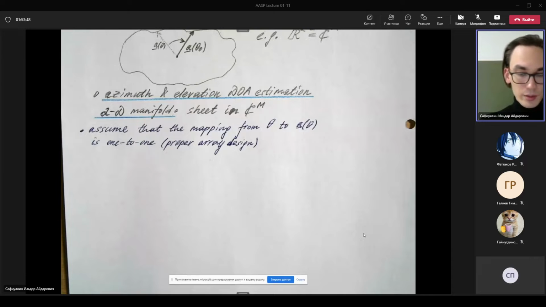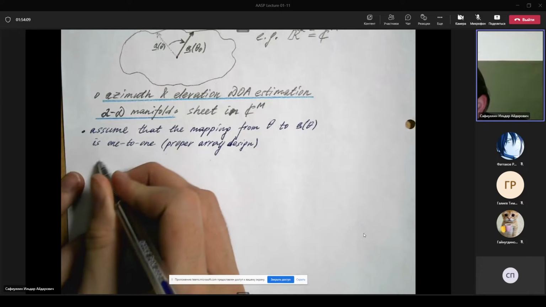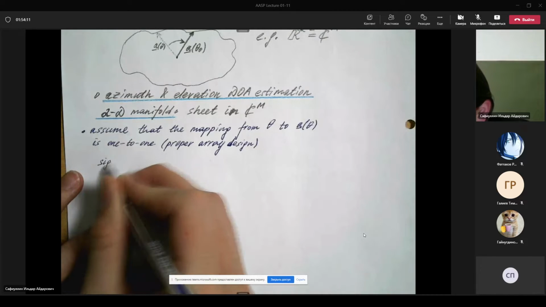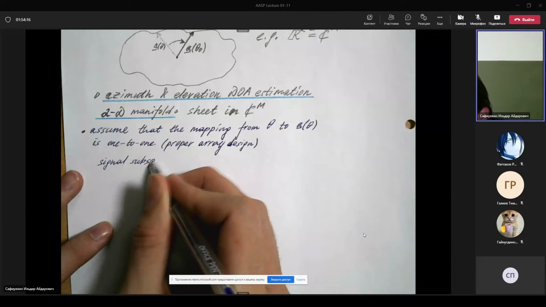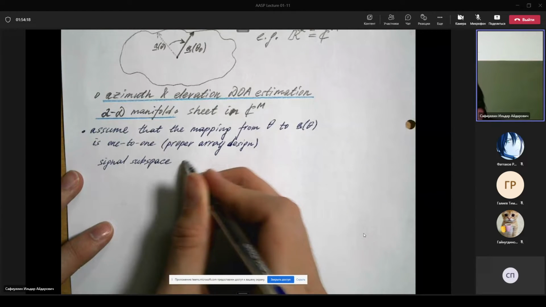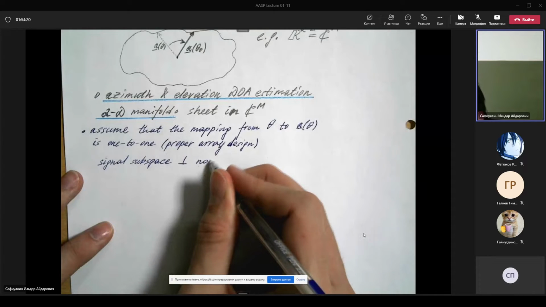In this case, our signal subspace will be orthogonal to noise subspace. Signal subspace is orthogonal to noise subspace.